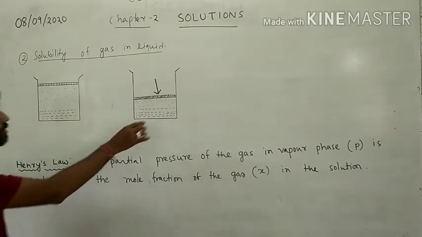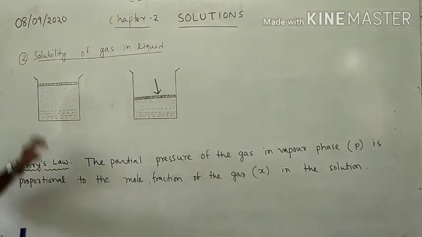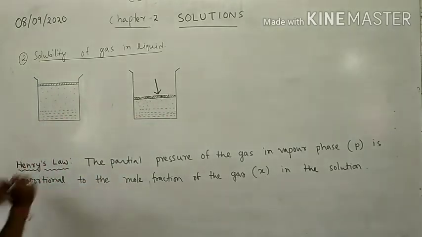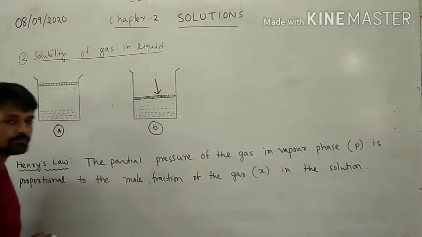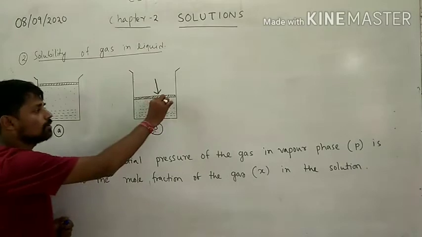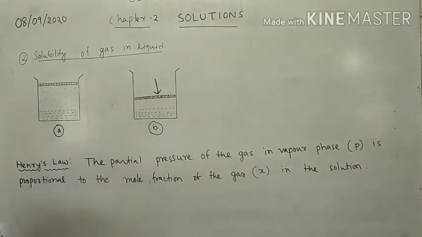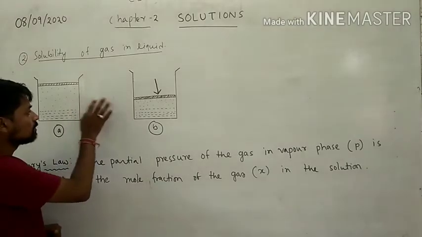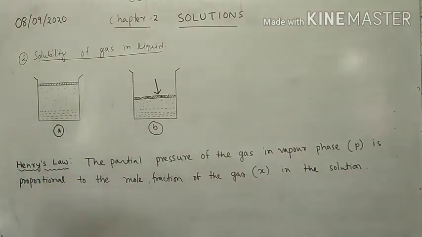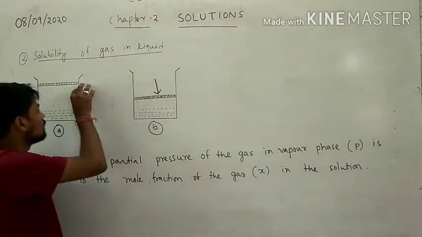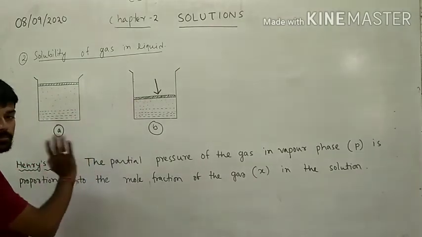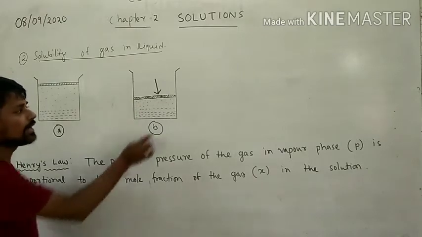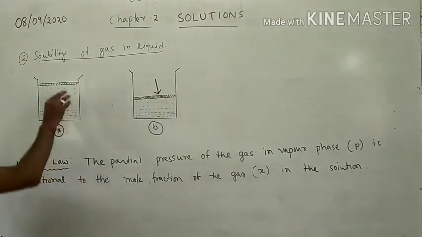Now the space decreases compared to the space in container A. This is container B. Here the space for gas particles is very low. So the difference between these two is that the number of gas molecules is the same, but here it is more dense compared to this.